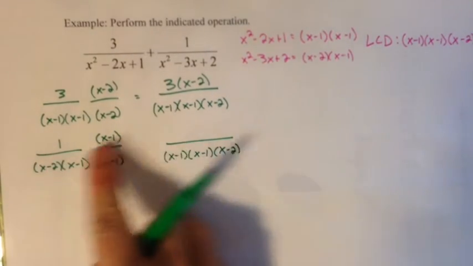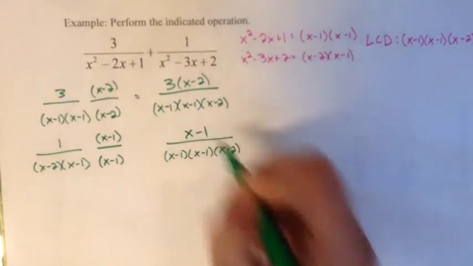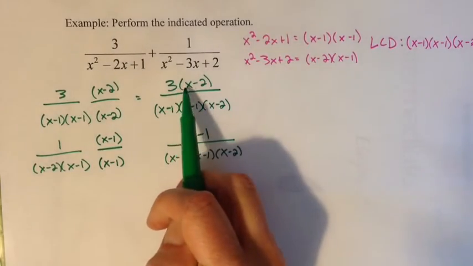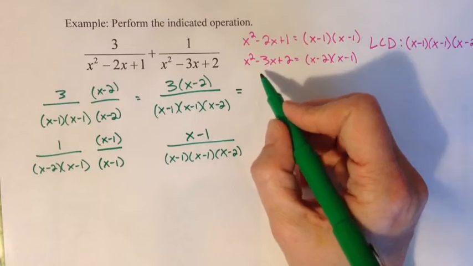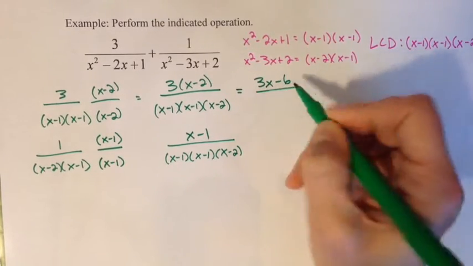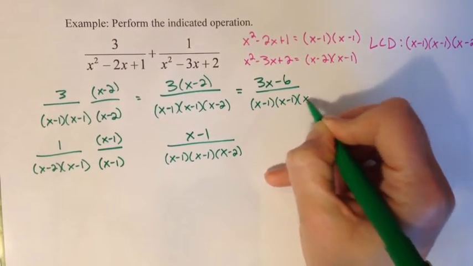When I multiply straight across, 1 multiplied by x minus 1 is just x minus 1. Finally, before I actually do the addition, I'm going to go ahead and distribute this 3 in the numerator just to make my life a little bit easier on the next step. This is the same as 3x minus 6 over my same old common denominator.